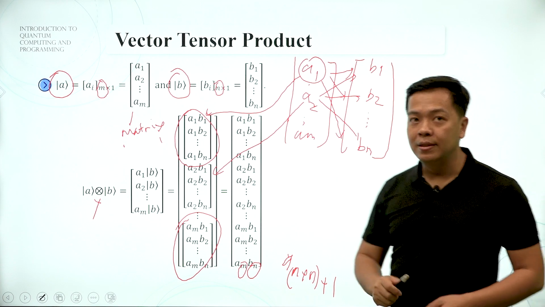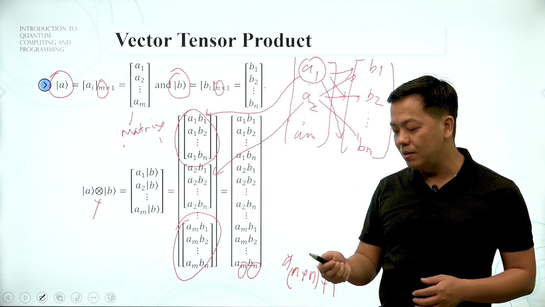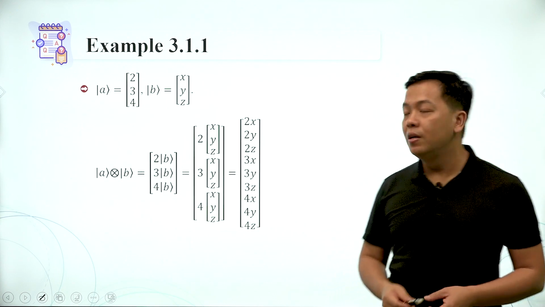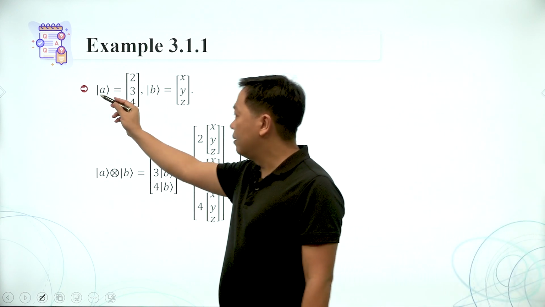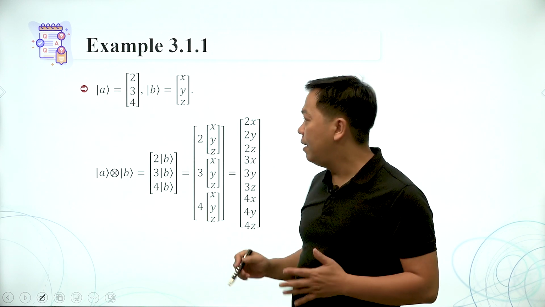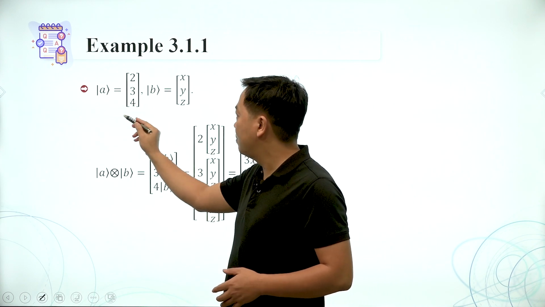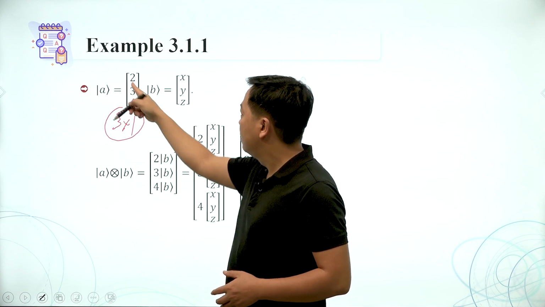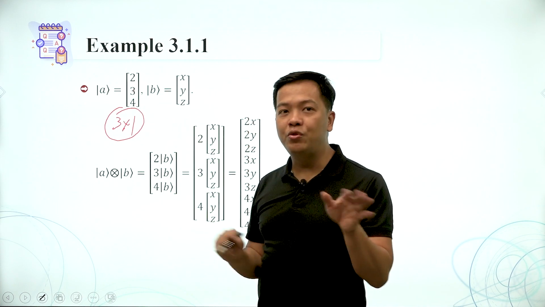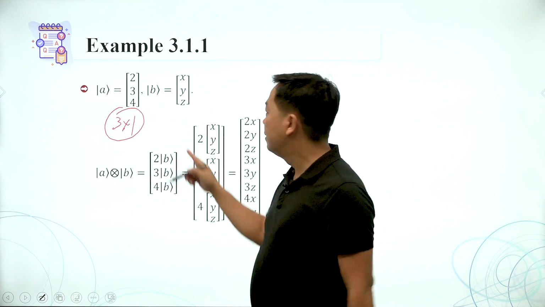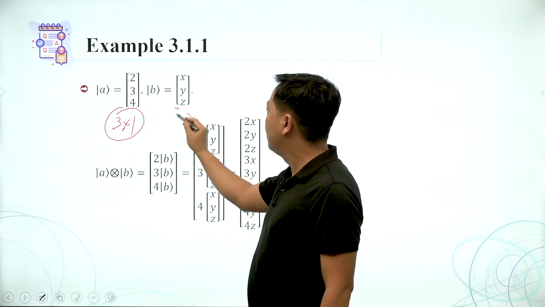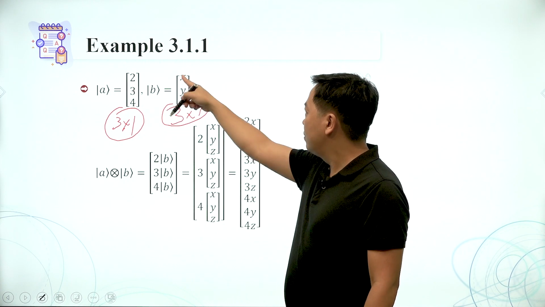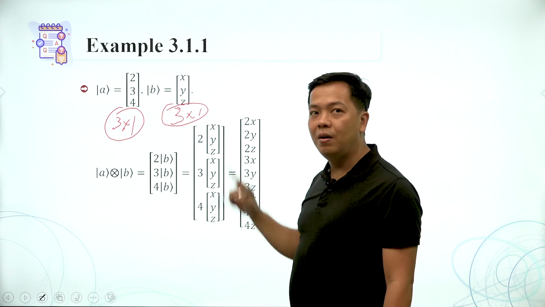When you multiply matrices, here is an example. We have quantum vector A with 3 rows and 1 column, and B also with 3 rows and 1 column.